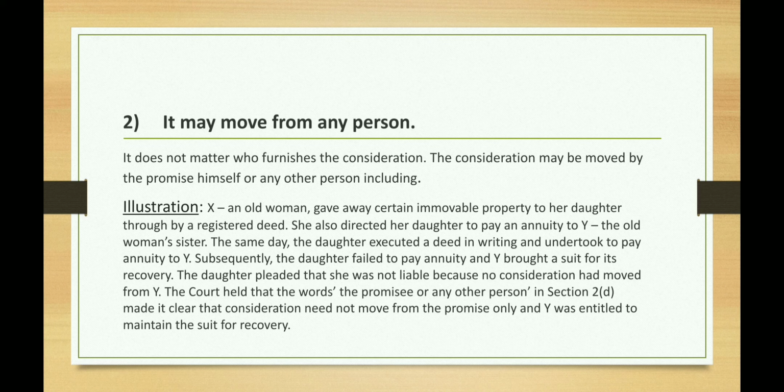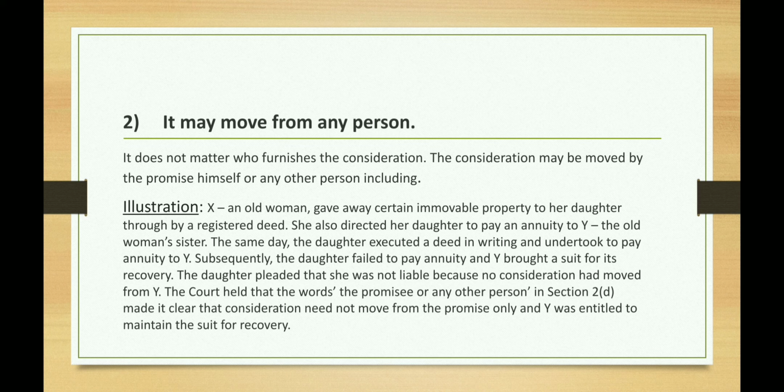For example, X, an old woman, gave away certain immovable property to her daughter through a registered deed. She also directed her daughter to pay an annuity to Y, the old woman's sister. The same day, the daughter executed a deed in writing and undertook to pay the annuity to Y. Subsequently, the daughter failed to pay the annuity and Y brought a suit for its recovery.